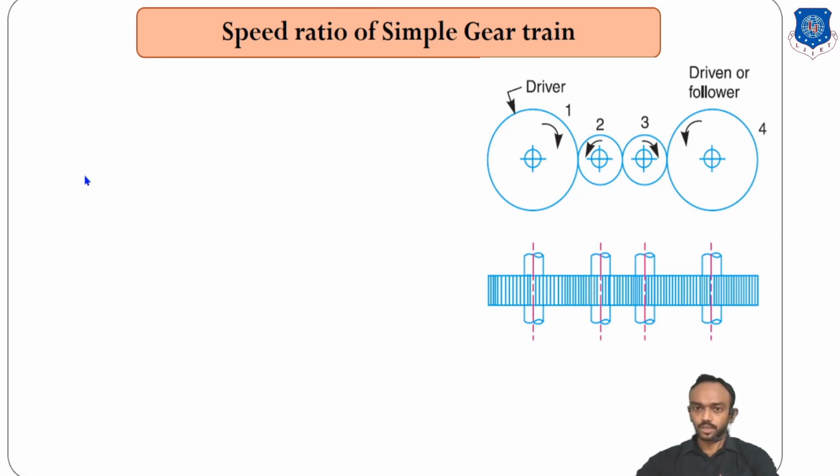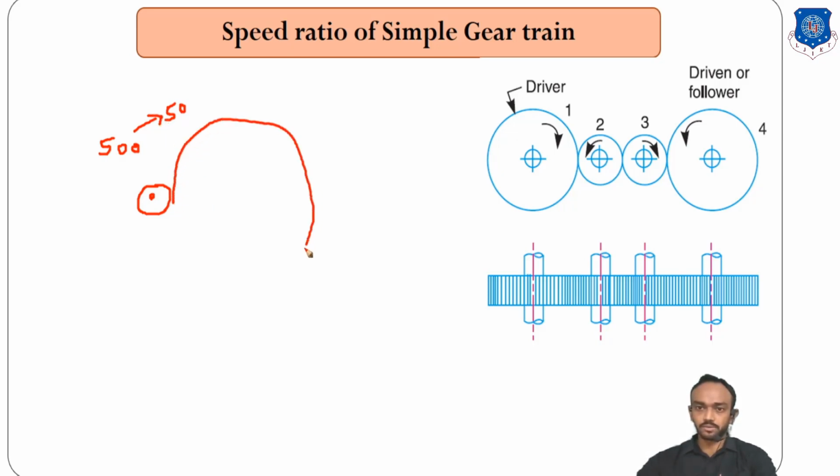If I want to transmit the motion and reduce the RPM, like there is one gear whose RPM is 500, and if I want to reduce this RPM directly from 500 to 50, a large reduction is required.